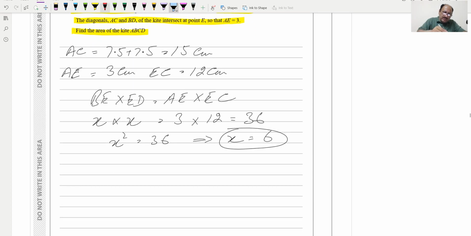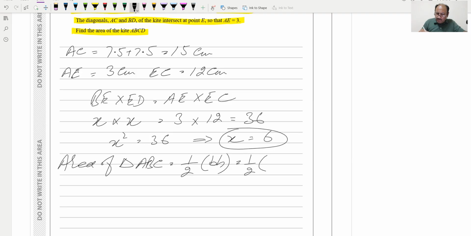So area of triangle ABC will be equal to 1 by 2 into base into height, and this will be 1 by 2 into base is 15 and height is 6, which we found. So we can do cancellations. This will be 3, and this will be equal to 45 centimeter square.